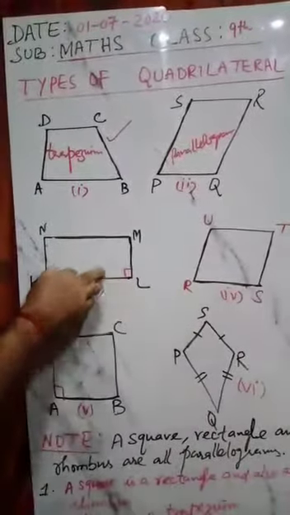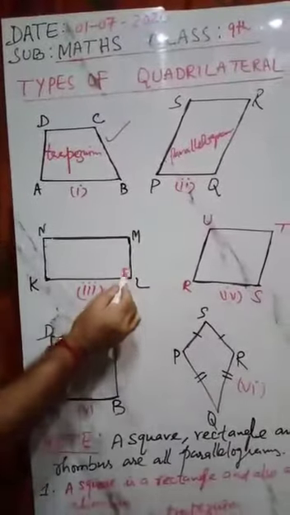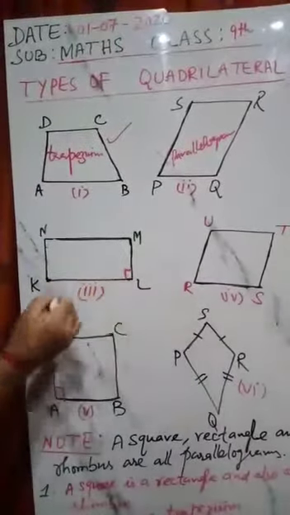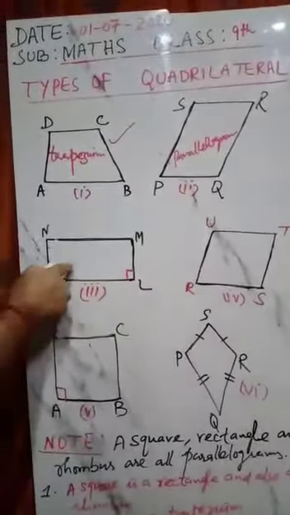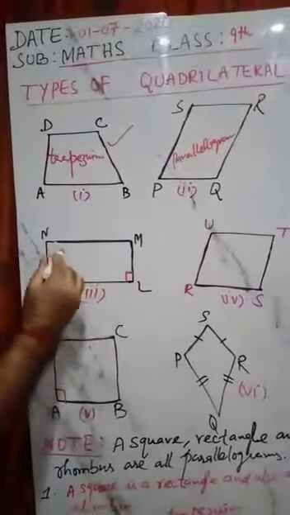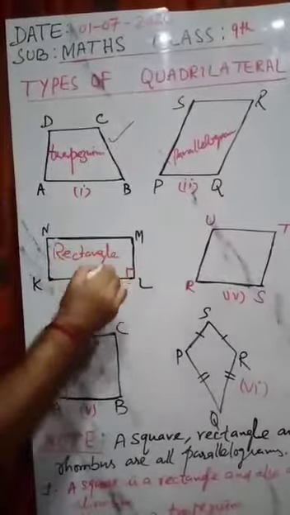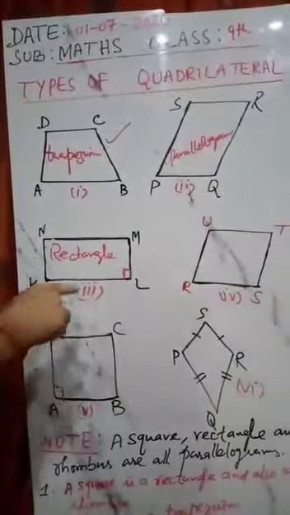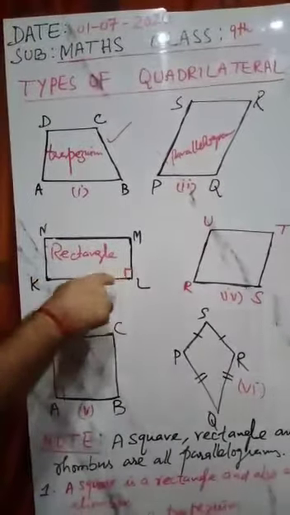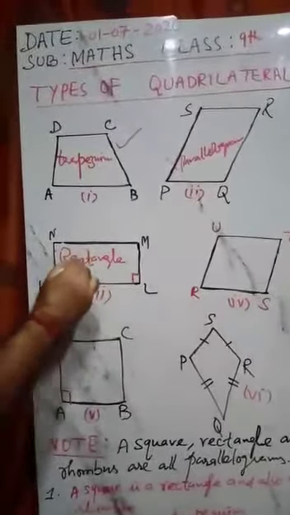In this third figure, you see there is a right angle also. One of the angles is 90 degrees. So this is a special type of parallelogram. This is called a rectangle. So a parallelogram whose one angle is a right angle, 90 degrees, is called a rectangle.